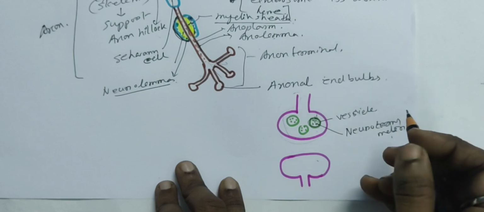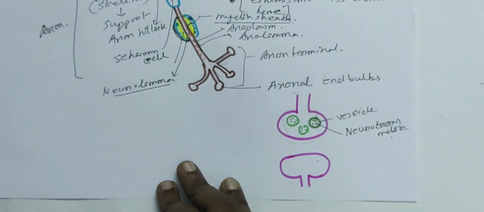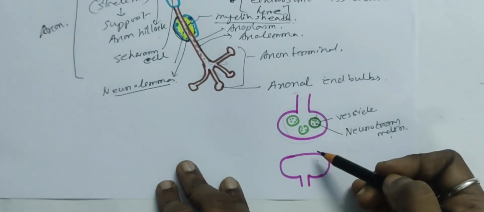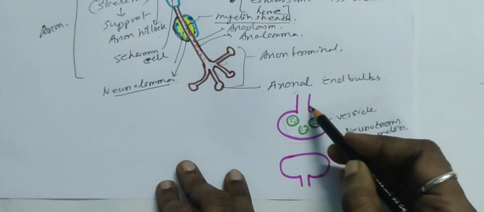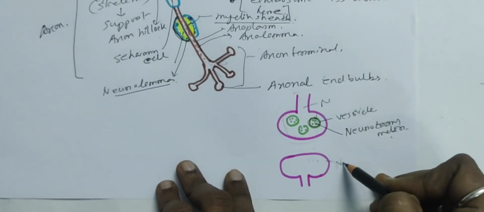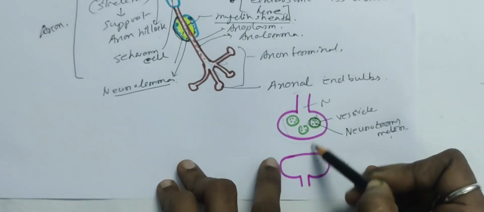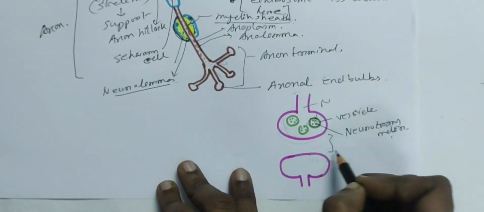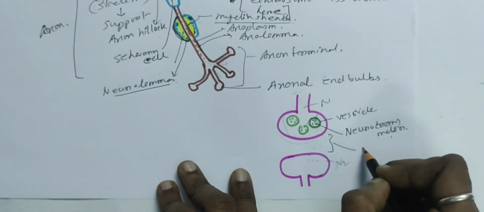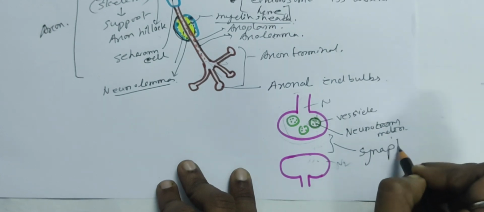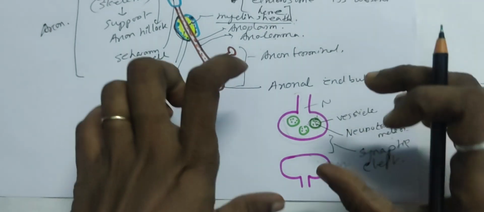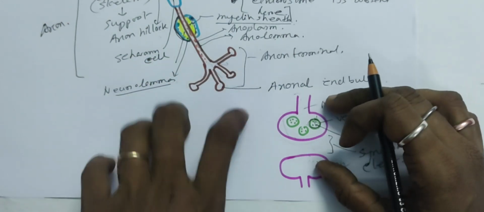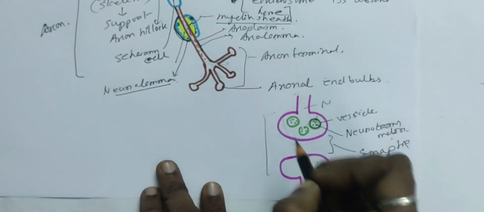That neurotransmitter conveys the signals to the next neuron. The gap between two neurons, this is neuron 1 and that is another neuron 2, is called the synaptic cleft. The junction between two neurons is called the synapsis.